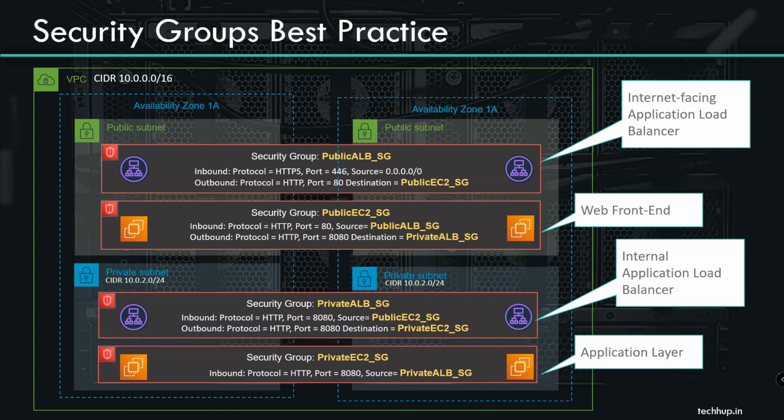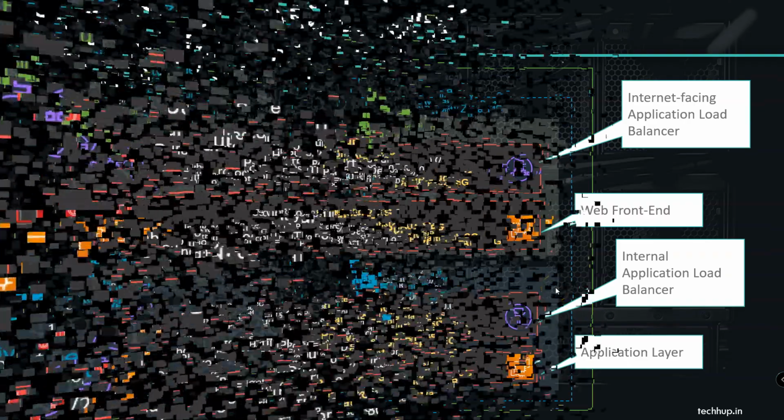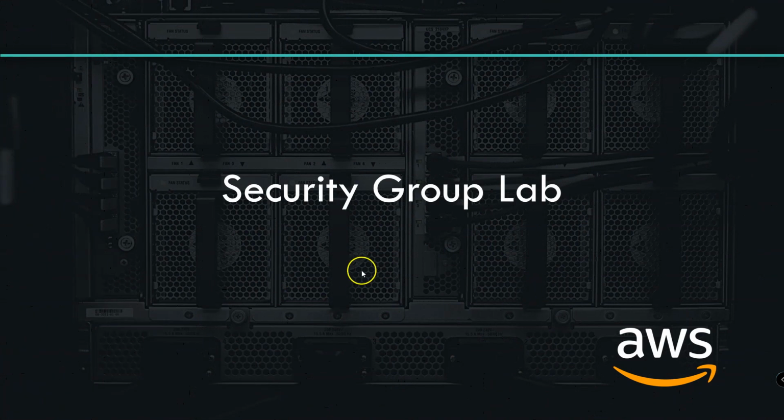With this we cover the theoretical part, and you have a better understanding of the theoretical concepts around security groups, but it's not enough. We need to go into a hands-on lab. So let's conclude this video here, with the objective of having another video with a hands-on session on the security group lab.